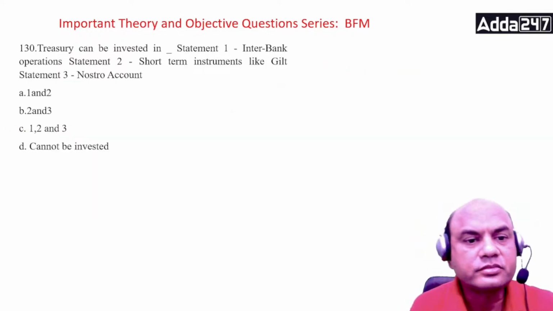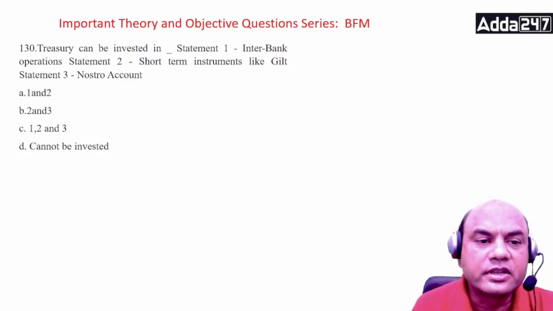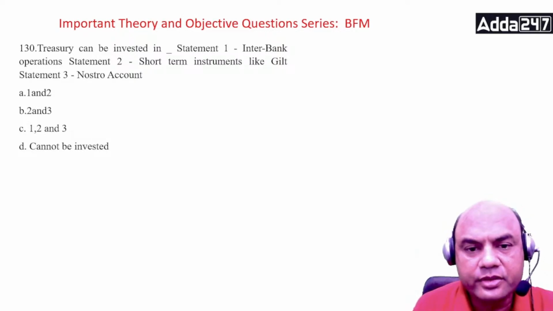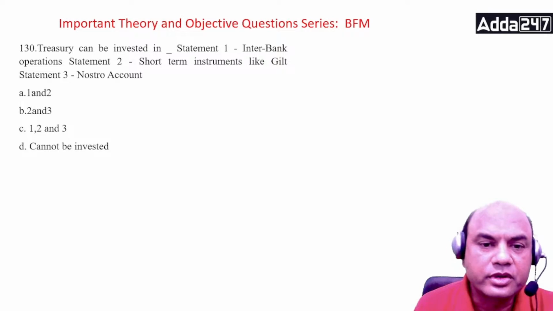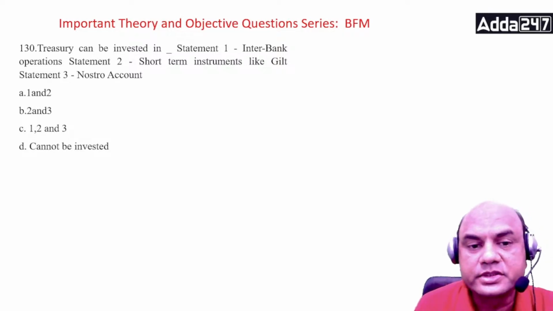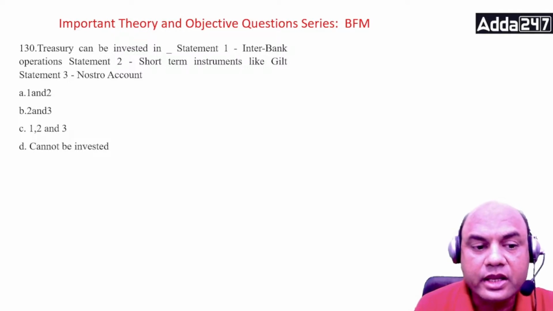Next, treasury can be invested in, number 1, interbank operations. Number 2, short-term instruments like gilts, and statement 3, nostro account. Where can treasury invest? 1 and 2, 2 and 3, 1, 2 and 3, or cannot be invested. Treasury can't invest anything?